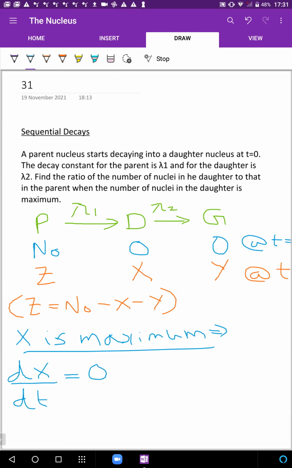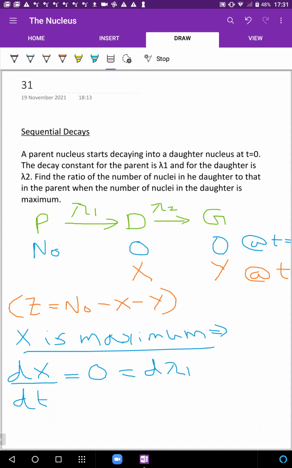If the rate of change of x is 0, what was the rate of change of x? x is being formed from p, at what rate?